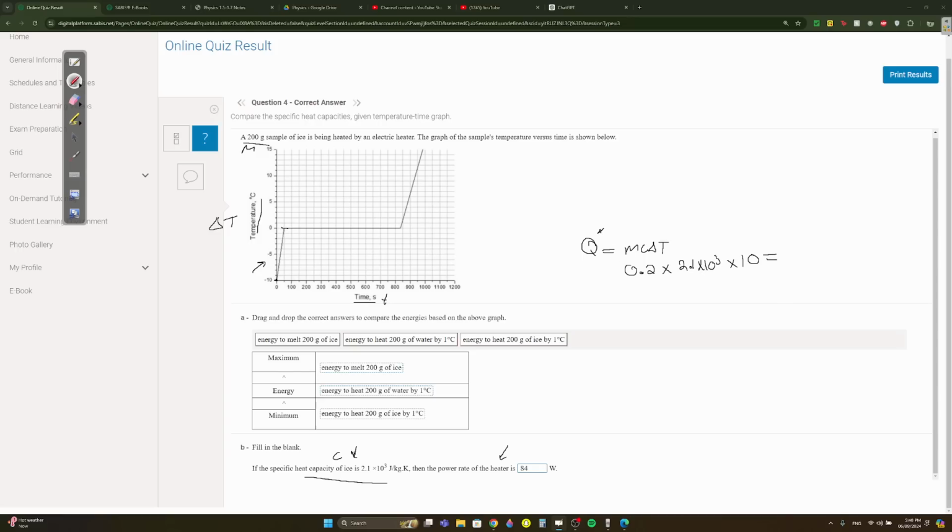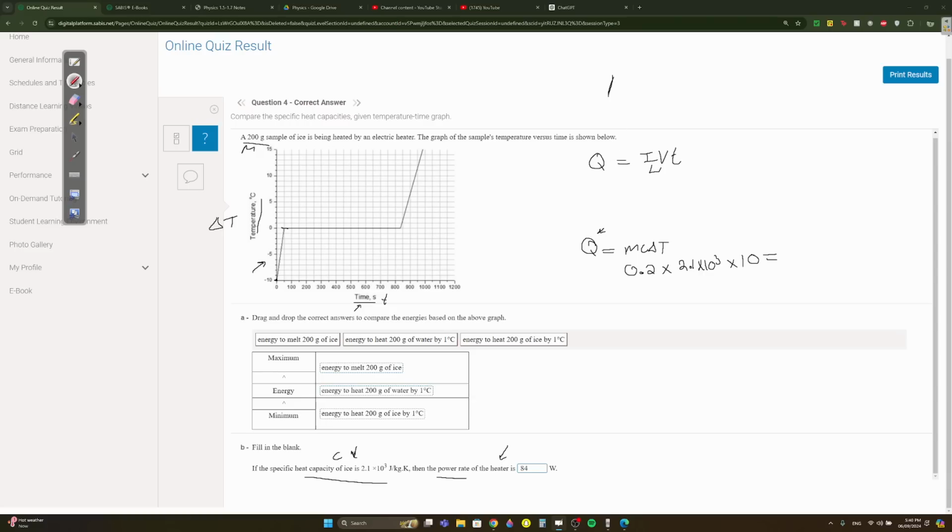Equals Q. Now, do we have anything to do with energy over here? Nothing, right? But what do we have? We have time. What did we say Q can be rewritten as? Q can be rewritten as I V T, right? But where's your current and voltage? They said power.